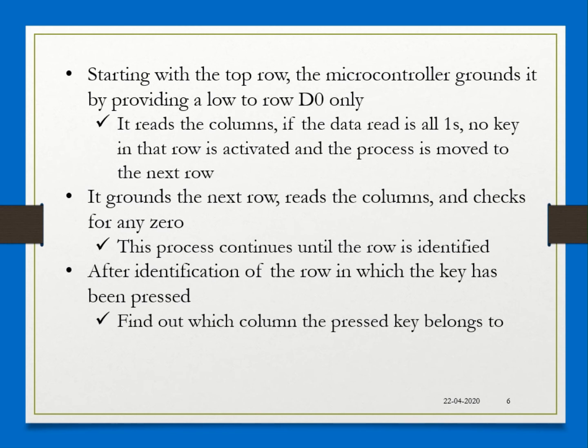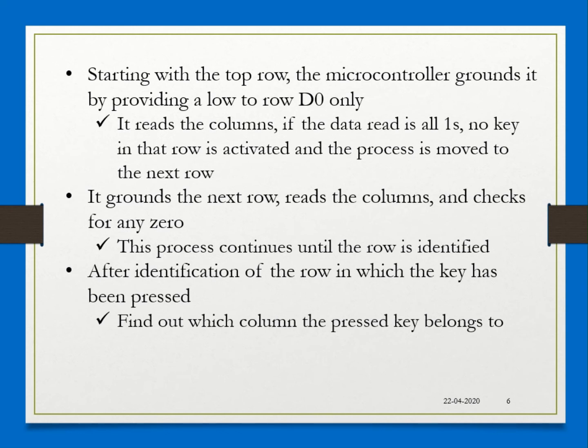So the steps followed by the microcontroller will be to ground all the row lines and read the columns, checking whether any of the columns has value 0. If no key is pressed, then all lines will read 1. At the input port you will be getting all ones if none of the keys are pressed.